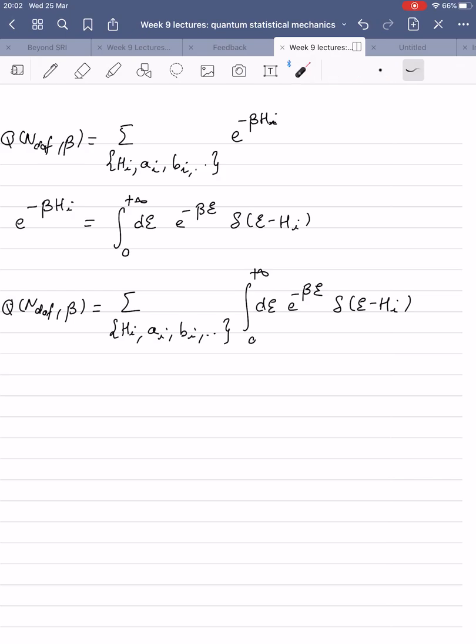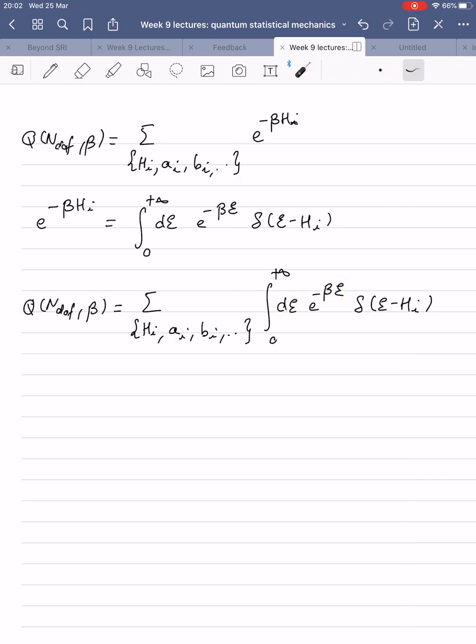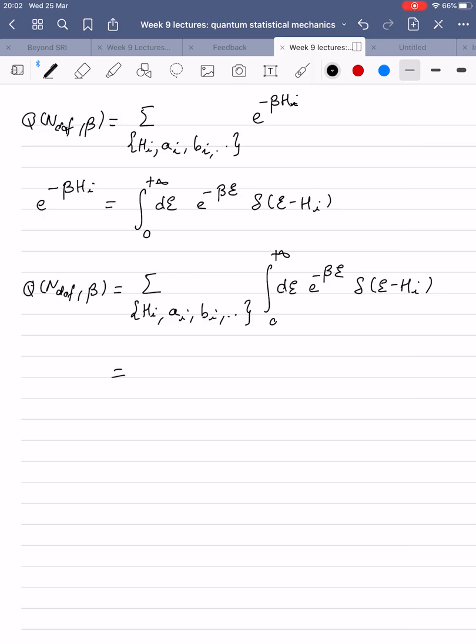Now, what I know is that here I've got epsilon, here I've got epsilon, and here it's a sum over these guys, but there is no epsilon in here. So what I'm going to assume is that this is okay to swap the integral and the summation here. Okay, this is not super ultra rigorous, but this is something I'm assuming I can do.